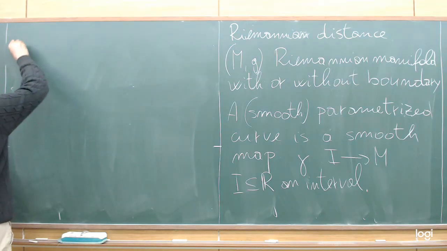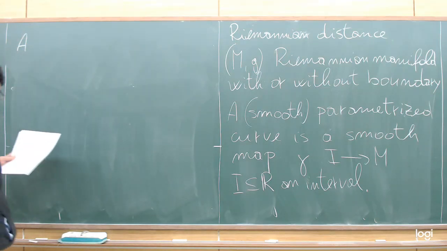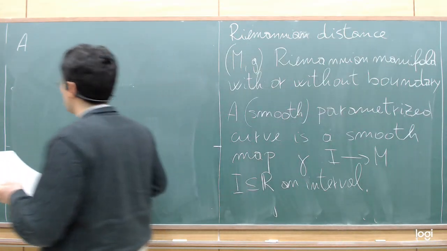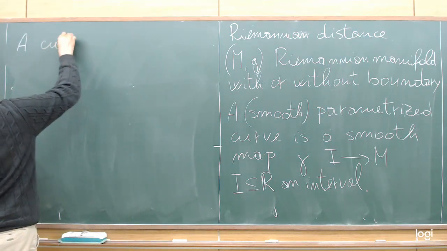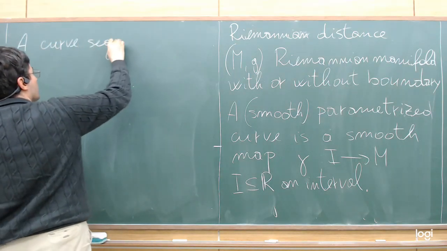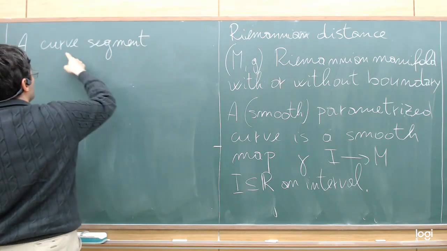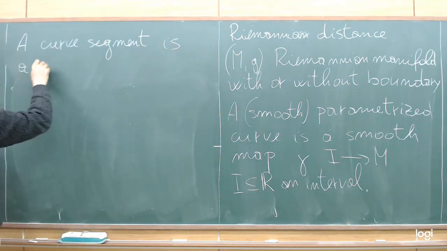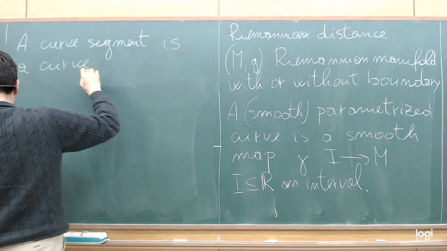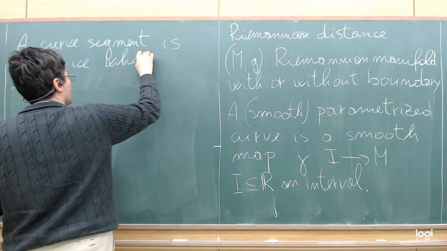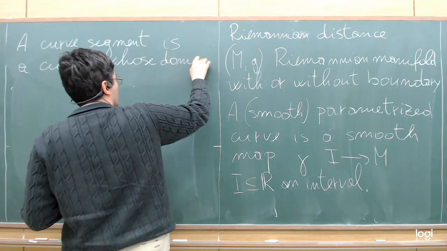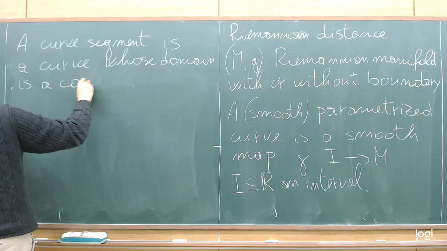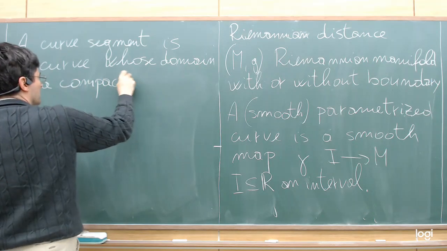If the interval is compact, we use the terminology curve segment. So a curve segment is a curve whose domain is a compact interval.